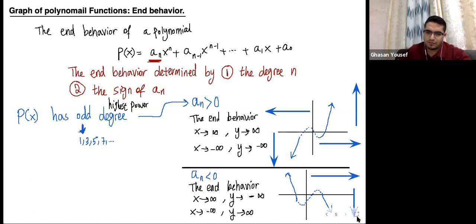The function goes down. And when x goes to minus infinity like this, the y value becomes large because the curve goes up. Is it clear? If you don't understand, I can explain it more, and again.